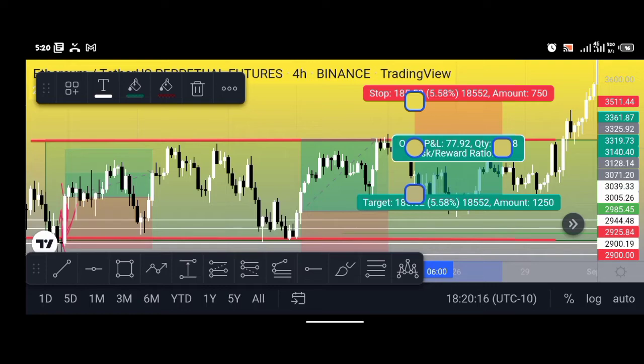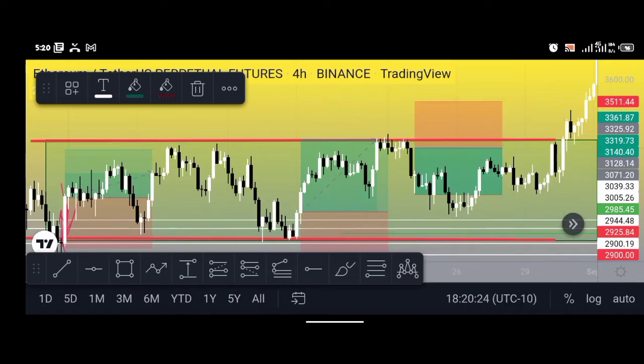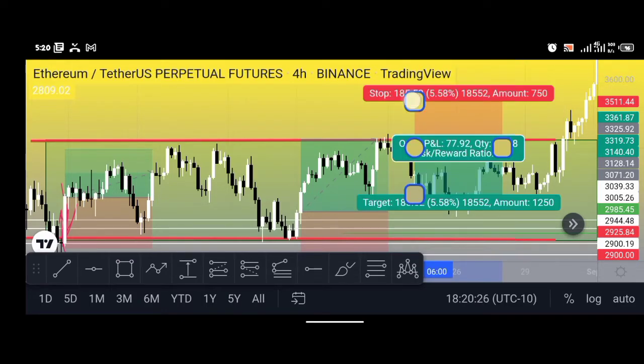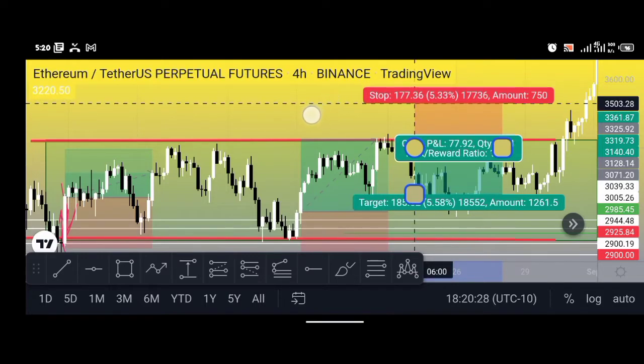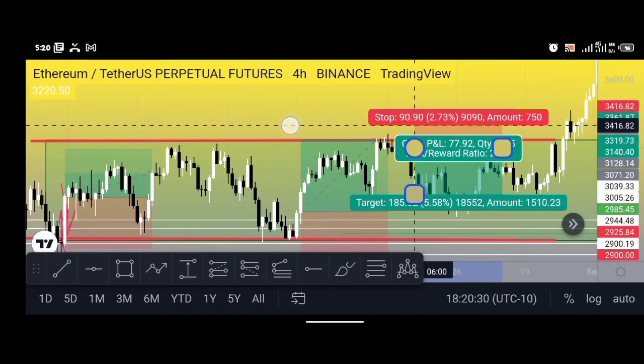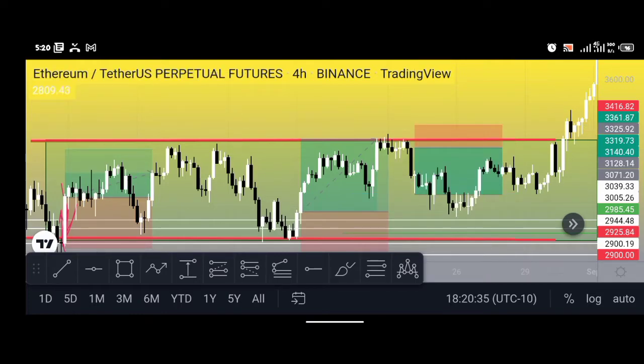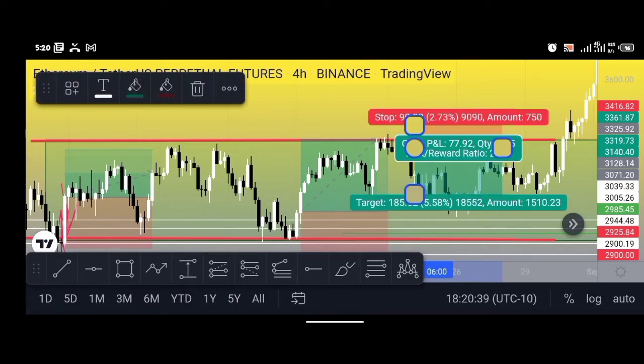If you divide it into 2, you are going to get like 2.7 something. So you bring down your stop loss to 2 point something. So this is where you are going to make a massive gain. You are risking 2.73% of your money, to gain 5.58%.